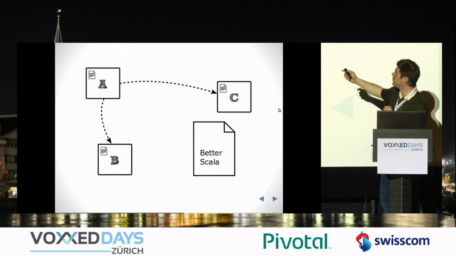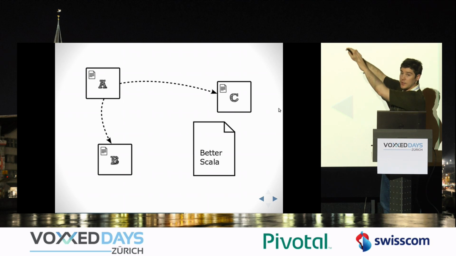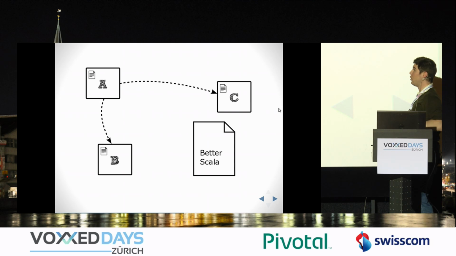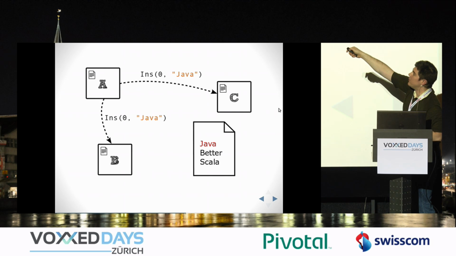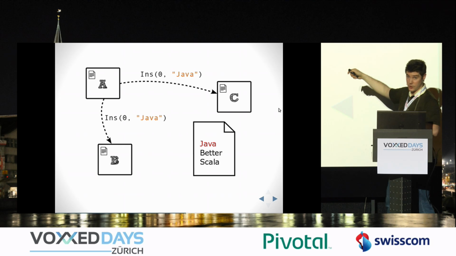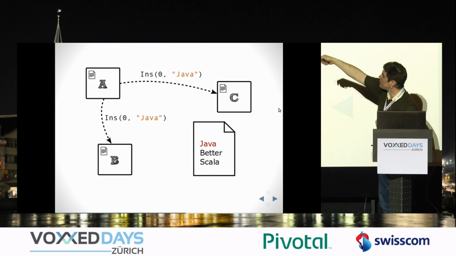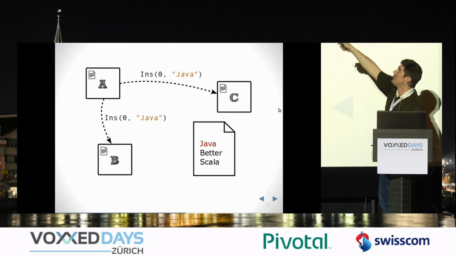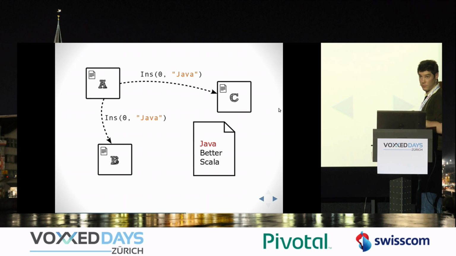So for example, if you had this document here, which is called Better Scala, this is the title of the document, and now these three peers want to collaborate on it, and they want to somehow modify it. Participant A might decide to change the title into Java Better Scala. And so after changing his document, he needs to communicate to the other participants that they need to insert the keyword Java at the location 0.